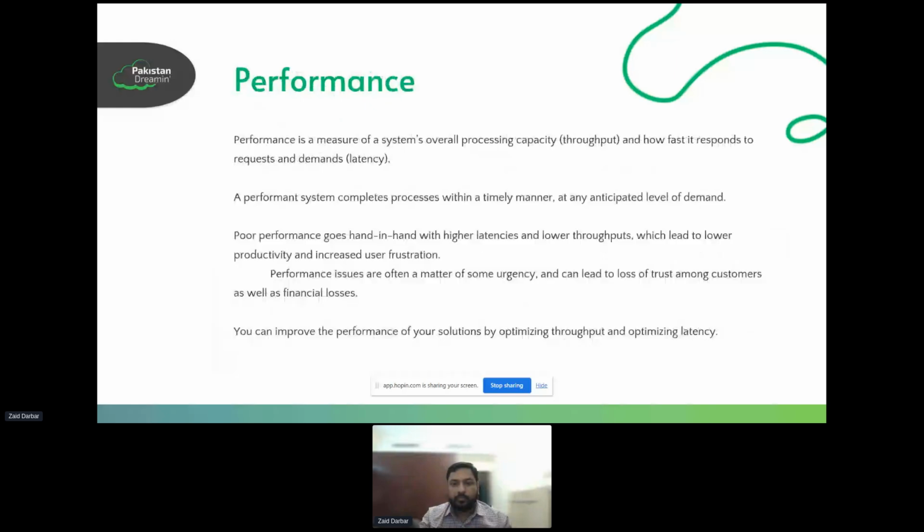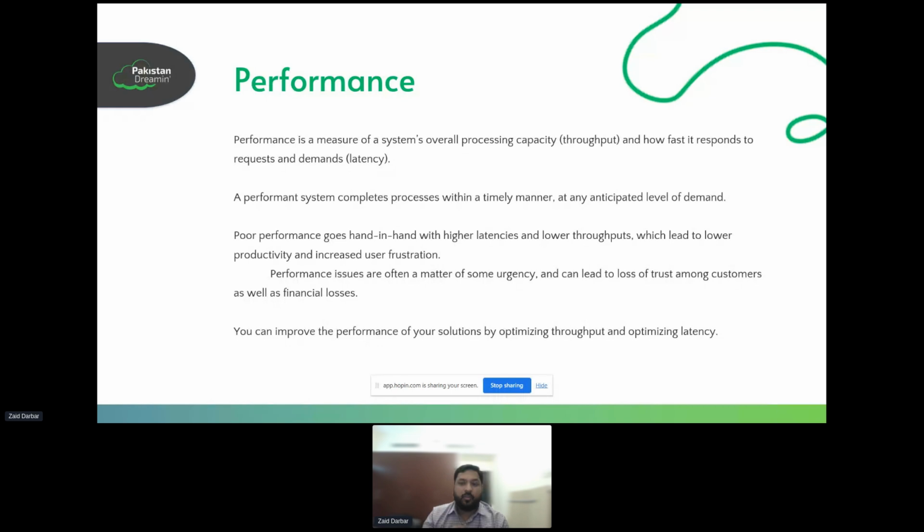Now we'll come to performance. Performance is basically the overall processing capacity of a system and how fast it responds to a request from the user. So a request should be completed in a timely manner, as the user expects. User expectations are a very important part of it.